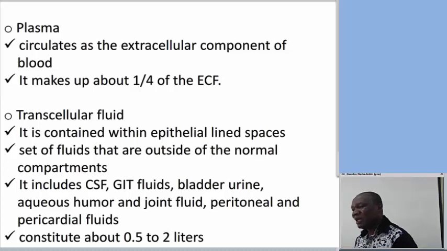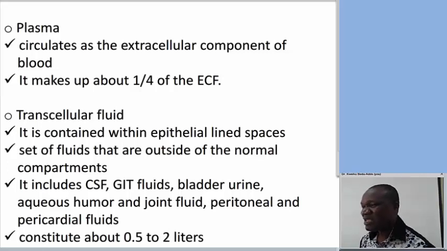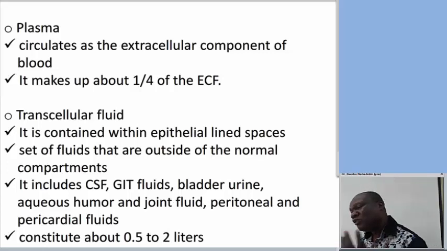They are not much. Examples of the transcellular fluid are the cerebrospinal fluid, CSF, the GIT fluids, bladder urine, aqueous humor in the eye, and joint fluids. There is a very low turnover of these fluids. So normally their volumes are not considered. In some texts, they are not considered at all.